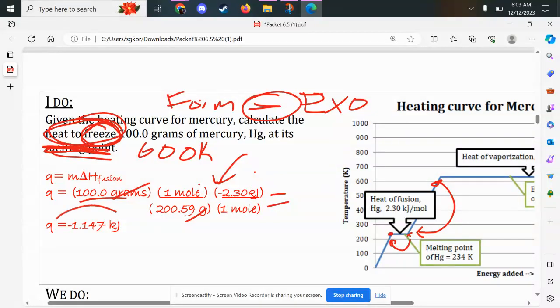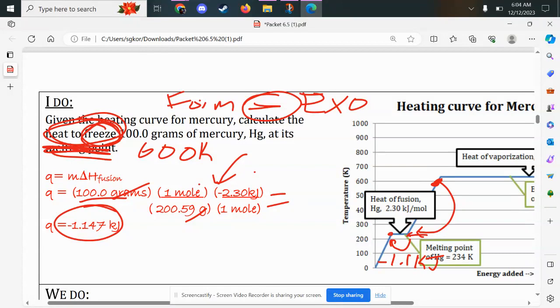So we already figured out in this problem that this amount of energy is negative 1.1 kilojoules. But I don't know how much energy it would take to cool that mercury down enough to reach its melting point and then freeze it.